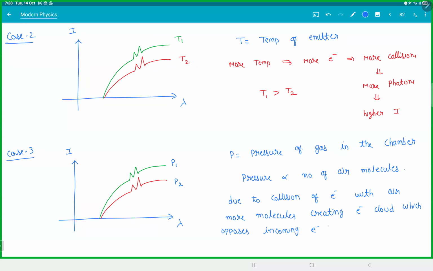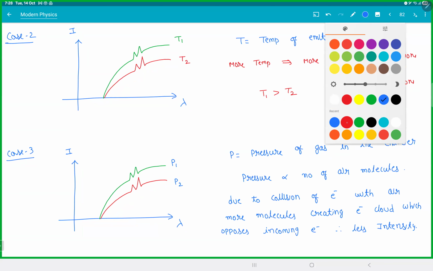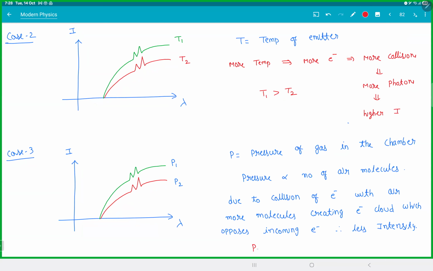So more pressure, less collisions, therefore less intensity. If you have more pressure, then intensity will be less. So who has more intensity? P1. So P1 must be less than P2. Clear with this? The one with the least pressure will have more intensity. Or let me write it as P2 greater than P1, same thing.